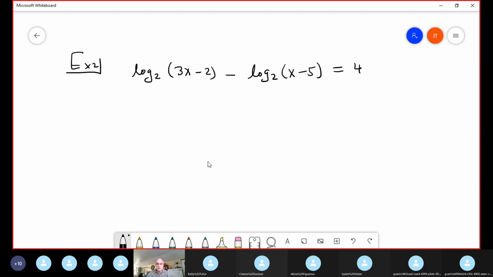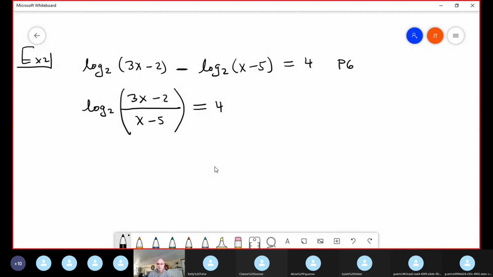In this case it is minus, so you apply property number 6. Division: logarithm base 2 of 3x minus 2 on the top and x minus 5 on the bottom. Don't forget the parenthesis to enclose everything inside the argument of this function. It should equal 4.